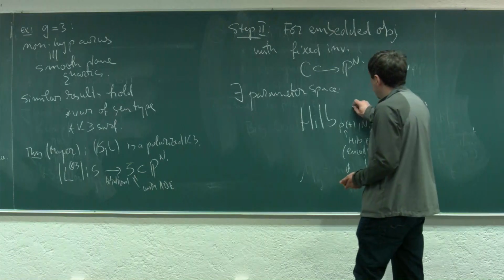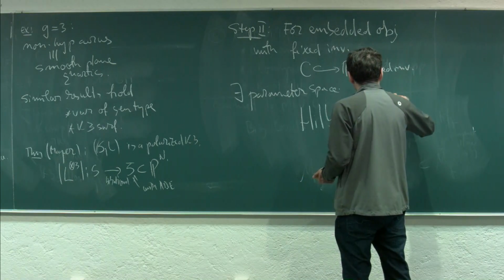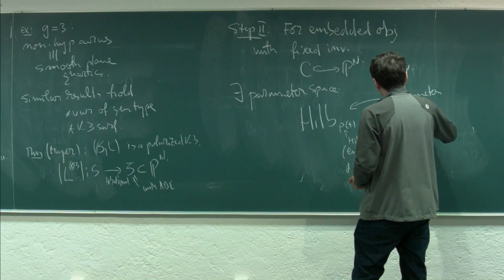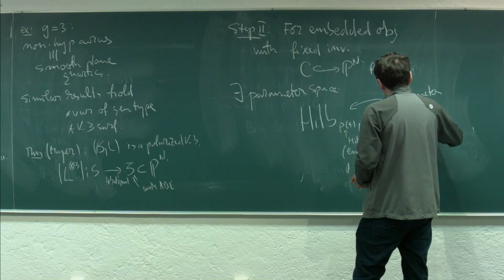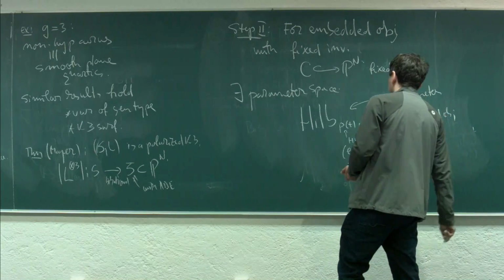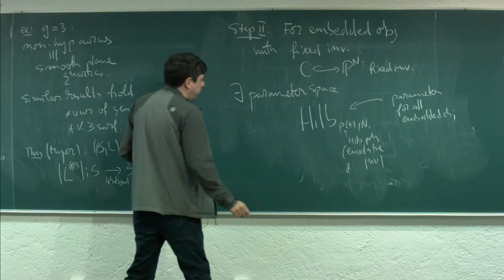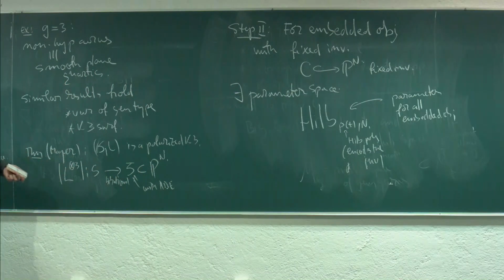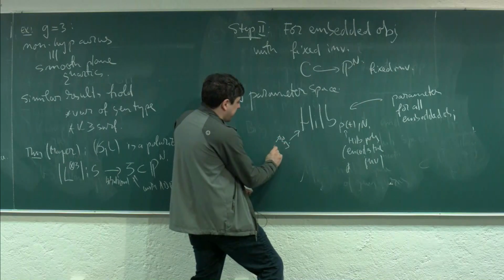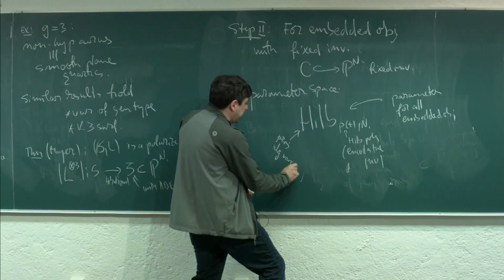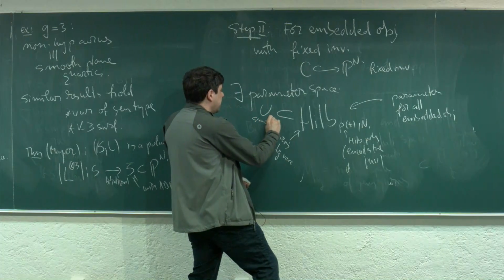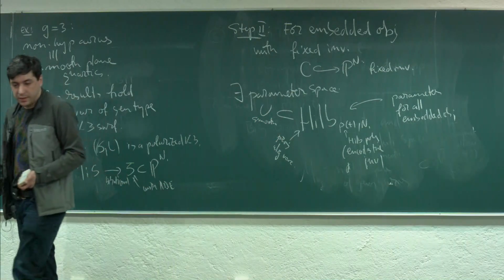And this would be a parameter space for all embedded objects. Okay, in general, this is kind of an awful object, but at least we know it's a projective algebraic variety. And of course, if we want, we can restrict to the smooth locus inside here.